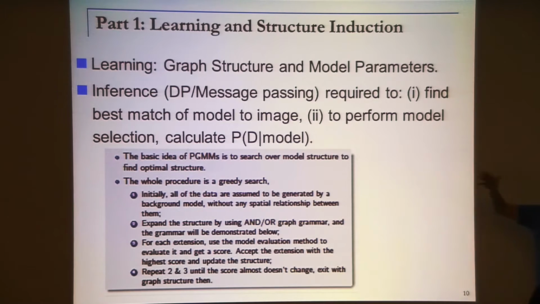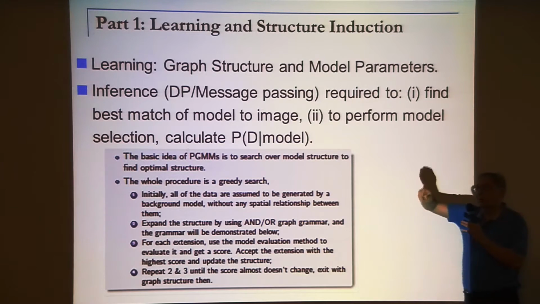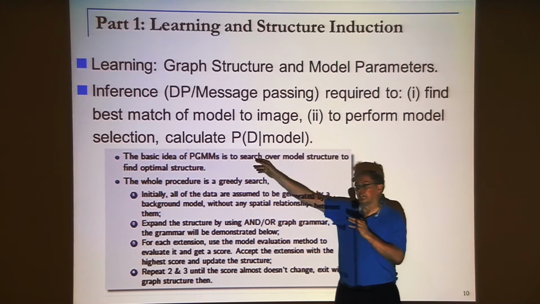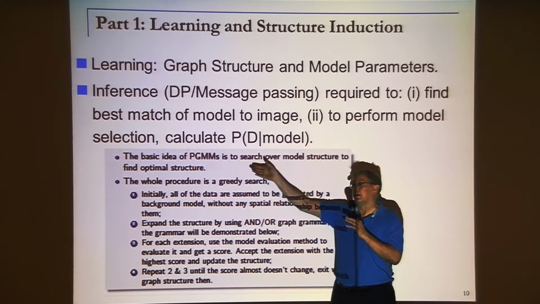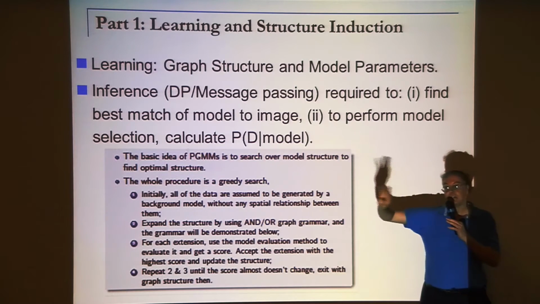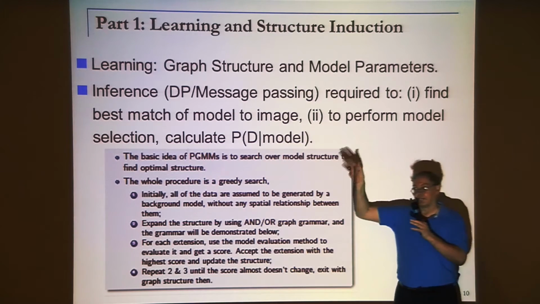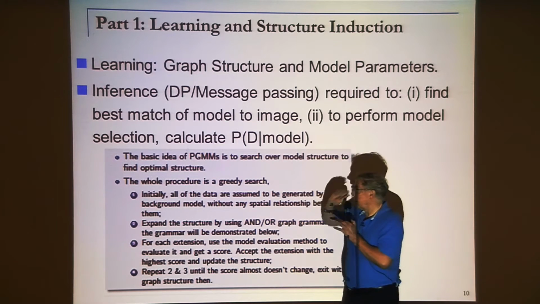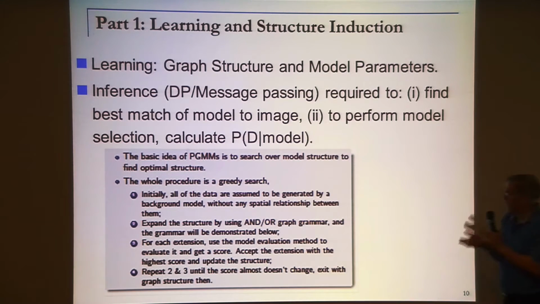You have to be able to compute for the image how probable it is that that image was generated by that model, and that requires an inference algorithm which is also pretty similar. Essentially, you have to fit the model to the image. If it fits well, then it gives a good description. If there's a model that fits better, then that model is an improved one. So search over the model structure in this way.